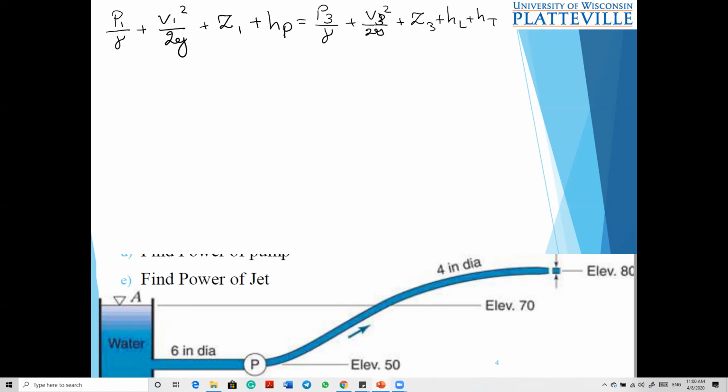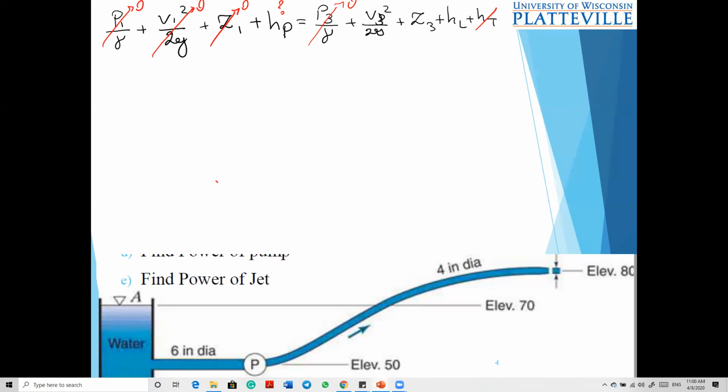Okay, now it's time to think about what is 0. So this one is 0, it's open to atmosphere, large surface, elevation is 0, we don't know the head for pump, pressure at point 3 is 0, velocity at 3 we don't know, we know the elevation. There is no turbine, but we have some head loss.